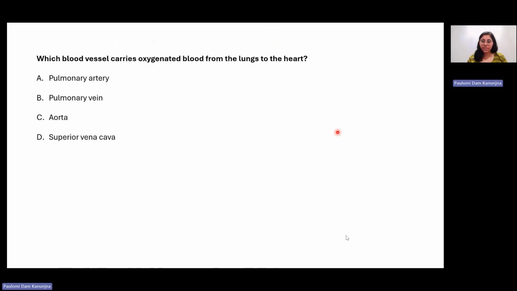So which one do you think is the answer? Pulmonary artery, pulmonary vein, aorta, or superior vena cava?